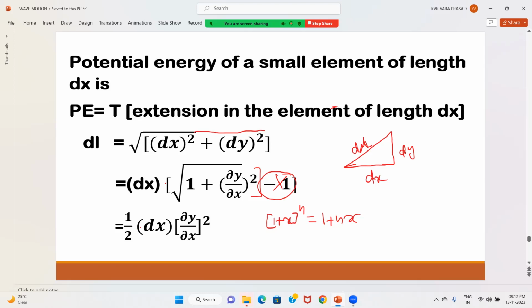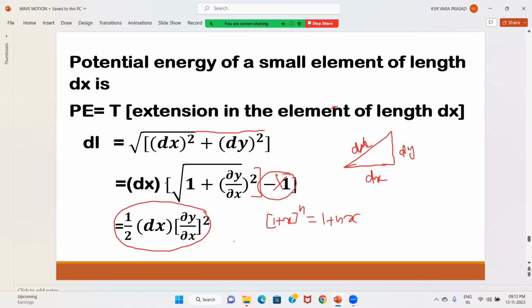So actually this calculation is now dx into, I think we have to correct this one. See what this is.